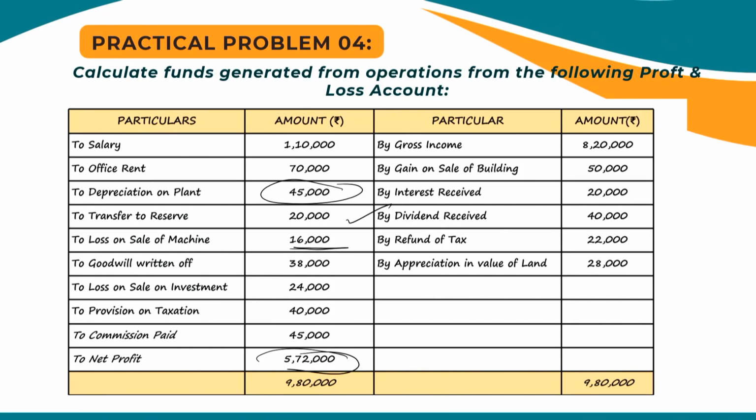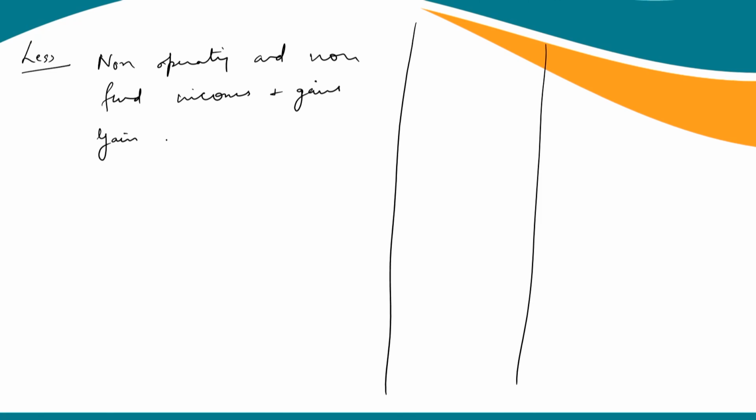Moving ahead, now we are moving to the right side of the P&L account. According to that, now we will deduct out of it the non-operating and non-fund incomes and gains. So the first is the given gain on the sale of building, which is 50,000.